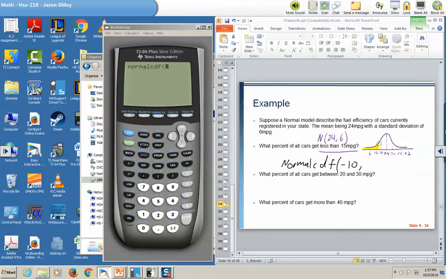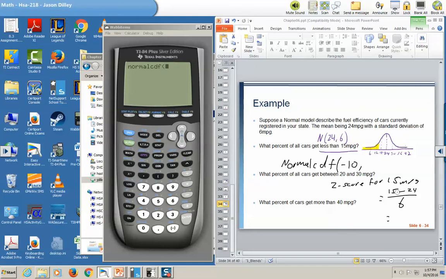Now, what we need to do on this side is give it the z-score for 15 miles per gallon. So my z-score formula is going to be 15 minus my mean of 24, divided by my standard deviation, which is 6.